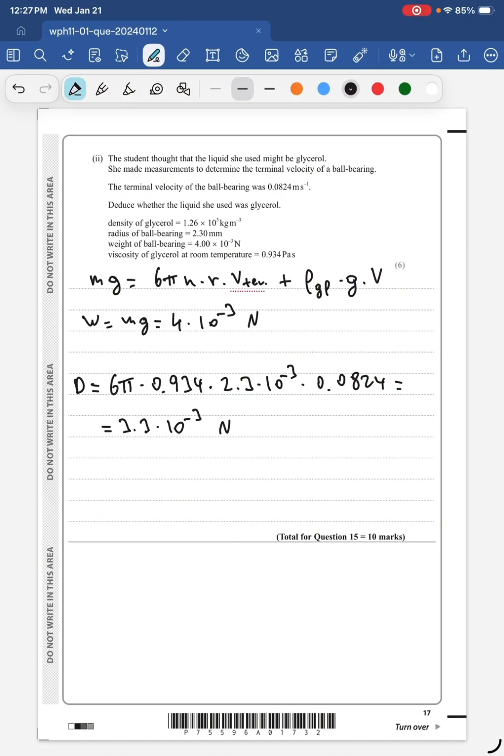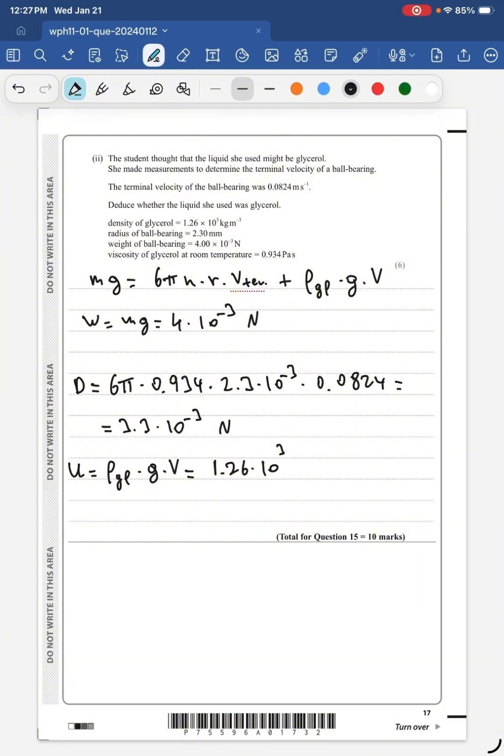And let's find the upthrust, the final piece in this puzzle. This should be the density of glycerol times g times the volume. If it's indeed glycerol, D plus U should be equal to W, the weight. So 1.26 times 10 to the 3 is the density.